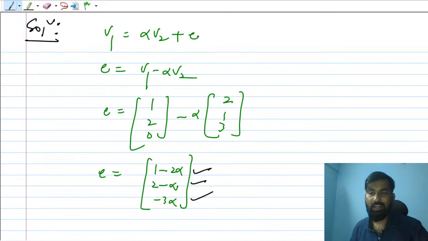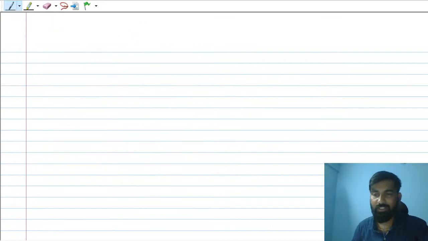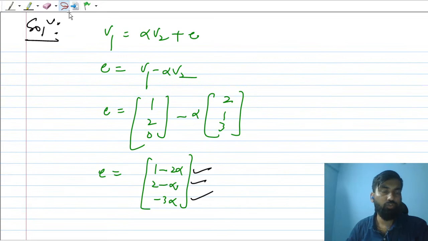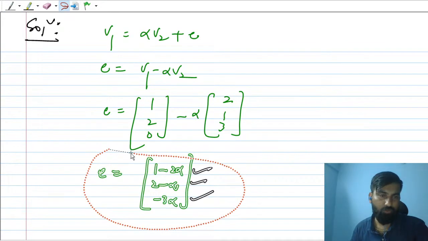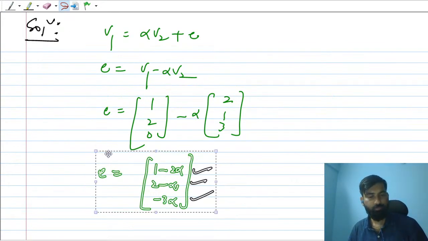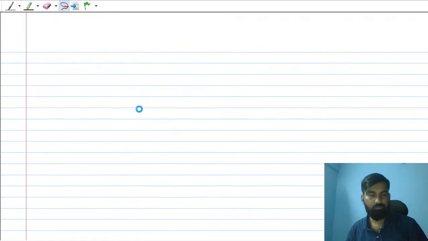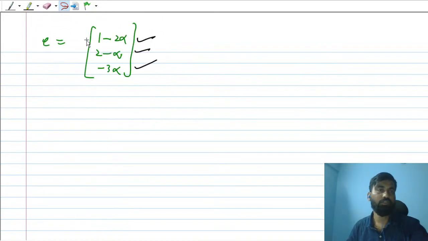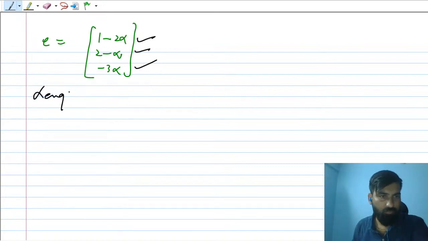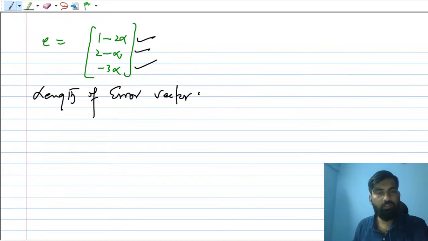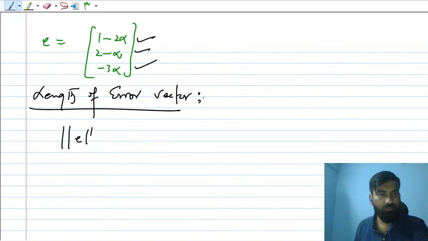Now we can find the length of the error. How to find the length of the error, guys? That you must know. Length of the error vectors we can find out like this.